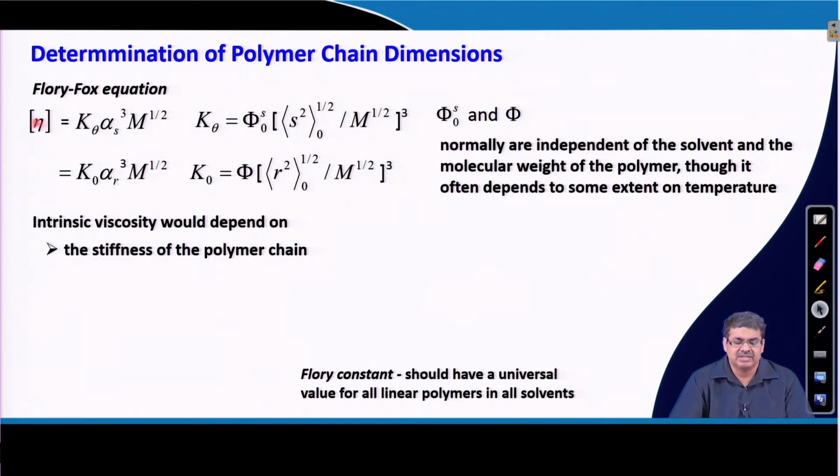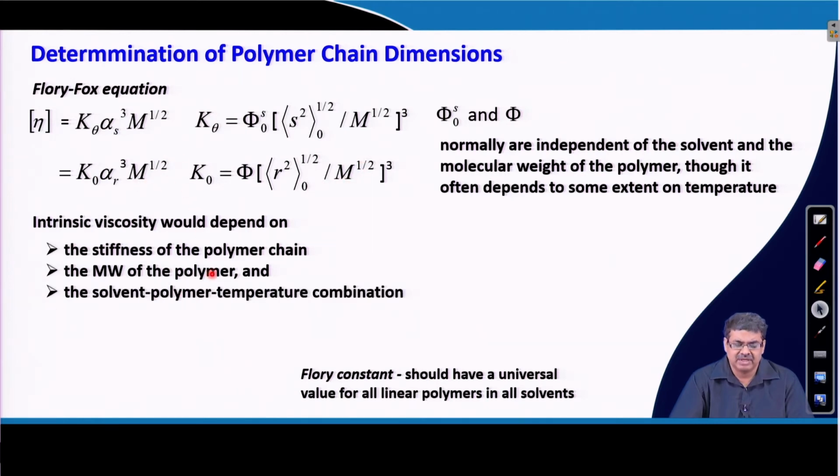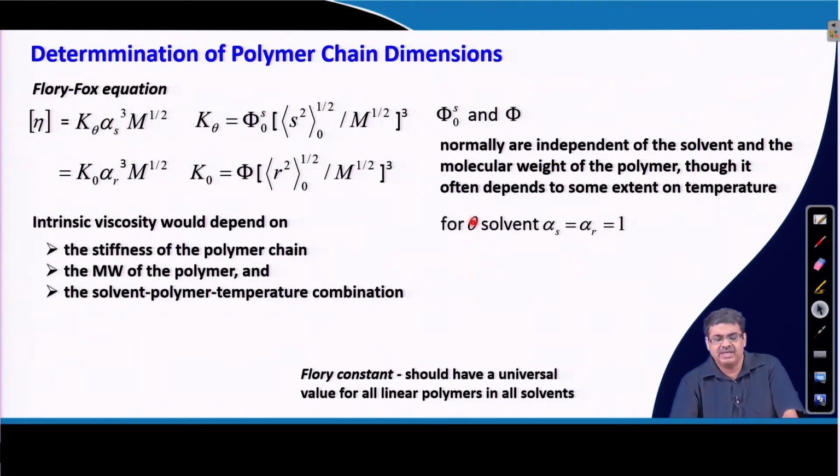So, intrinsic viscosity relates to the stiffness of the polymer chain, also to the molecular weight of the polymer, and to the polymer, solvent, temperature combination, which gives the value of this expansion factor. For theta solvent, the value of the expansion factor is 1, as we have earlier discussed.